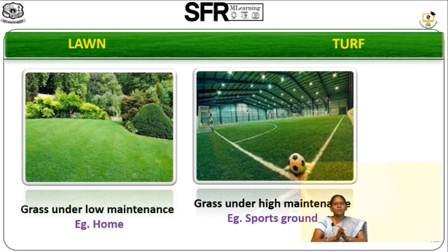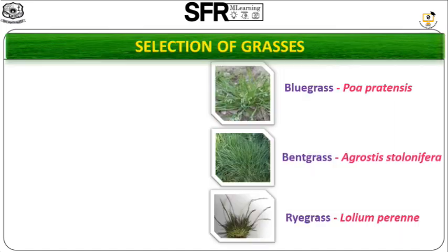When we give less care and very low maintenance, it forms a lawn, especially in homes and most gardens. Turfs are the ones where high maintenance is required. You might have seen them in sports grounds. They need special maintenance, leveling and rolling, and everything is somewhat different in the turf. That is the major difference between lawn and turf.